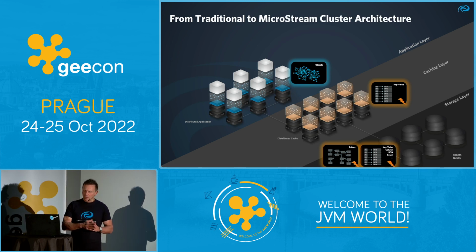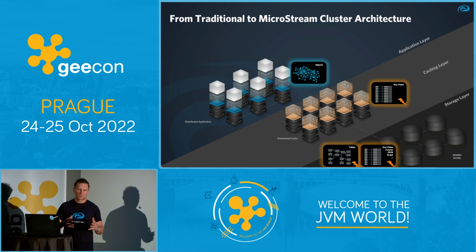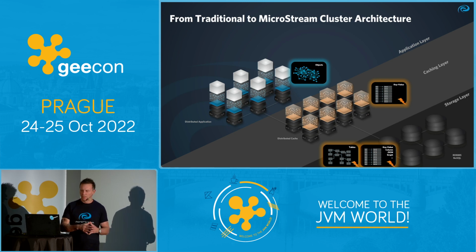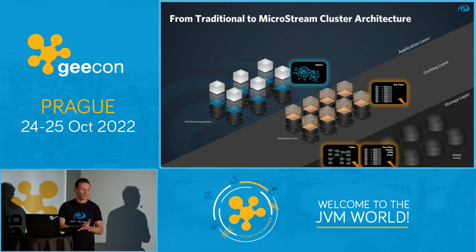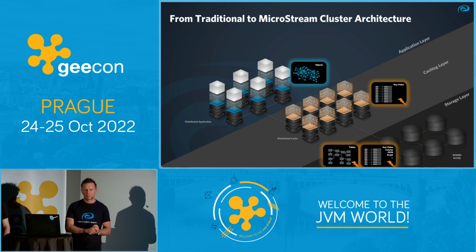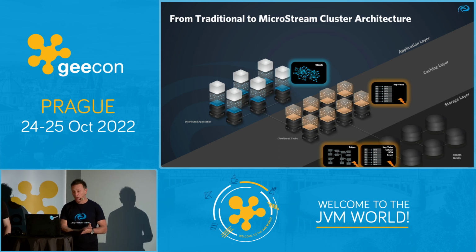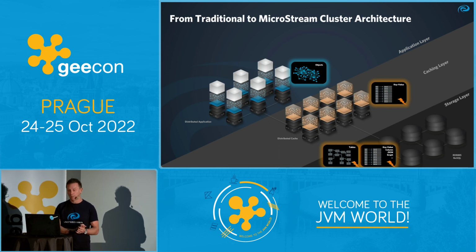But with this incredible performance, you'll be able to replace, let's say, sometimes 10 traditional machines with only one MicroStream machine that achieves the same power as traditional application nodes. So you'll be able to save lots of CPU power, lots of machines, and save costs in the cloud.